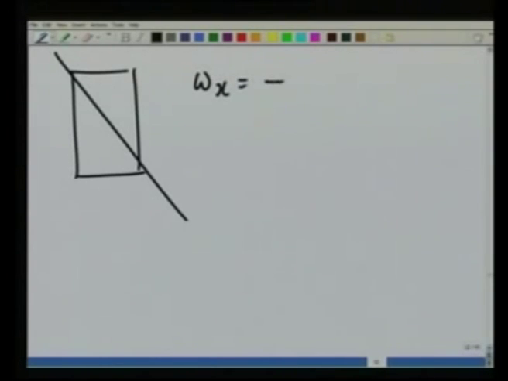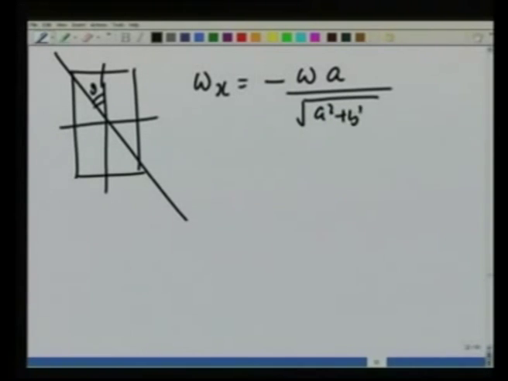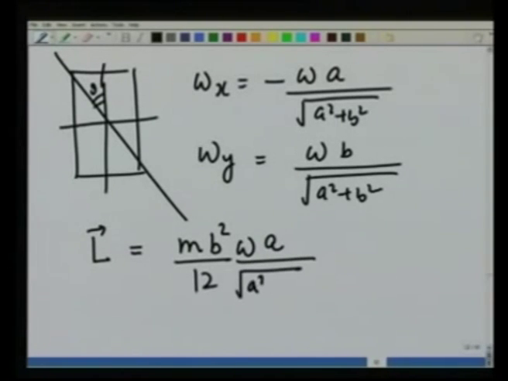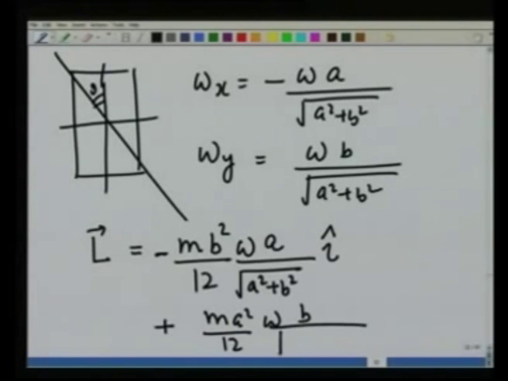And therefore, I have omega x equal to minus omega a over square root of a square plus b square, omega y is equal to omega b over square root of a square plus b square, and therefore, the L vector is going to be m b square over 12 omega a divided by square root of a square plus b square in the i direction with a minus sign, plus m a square over 12 omega b over square root of a square plus b square j.